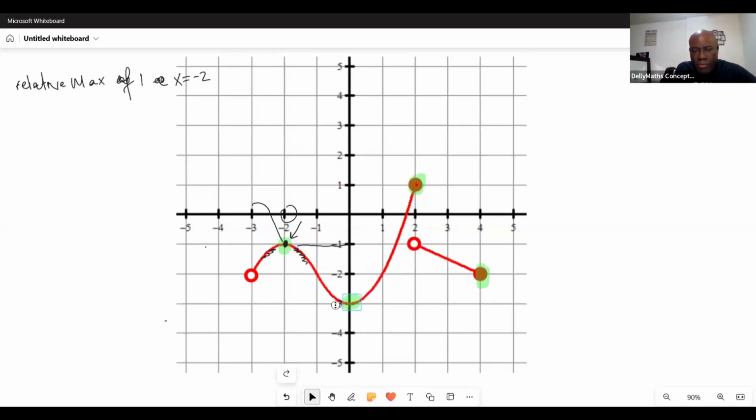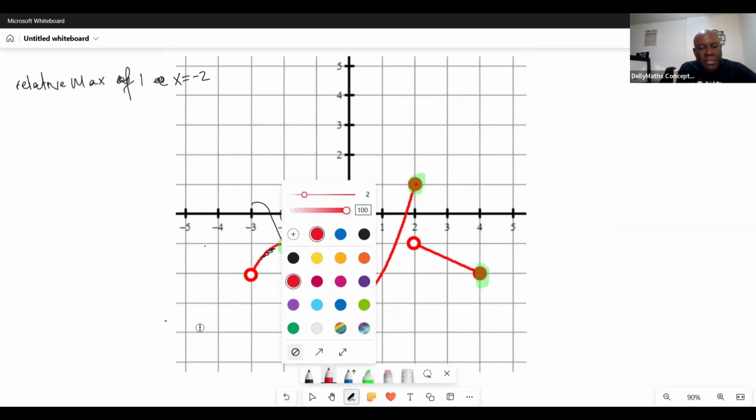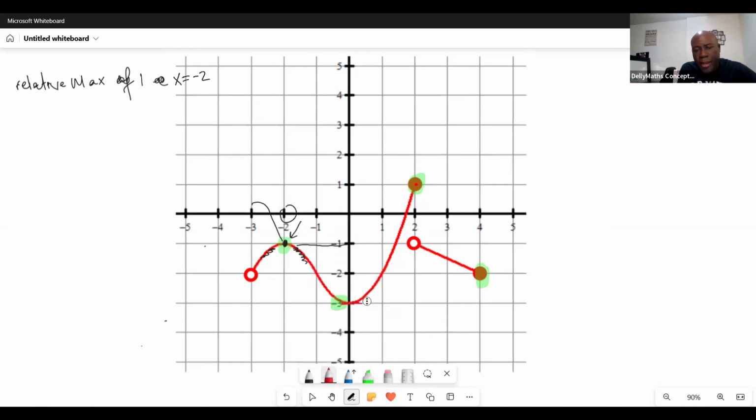Here at -3, if we take a look down here, we definitely notice that we have an absolute minimum, because there is no other point that's lower than the point we're looking at right here. So we have an absolute minimum of -3, and it occurs at x equals 0.